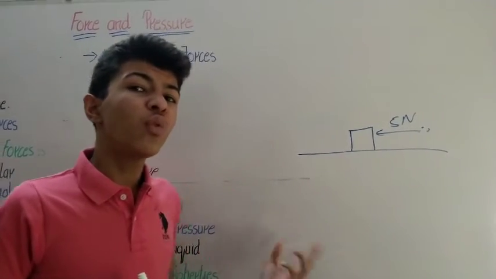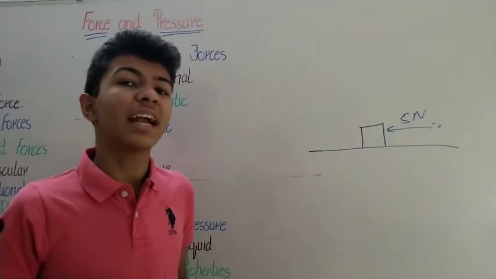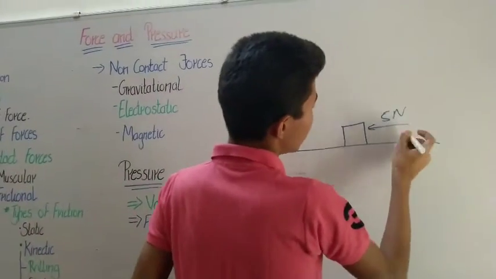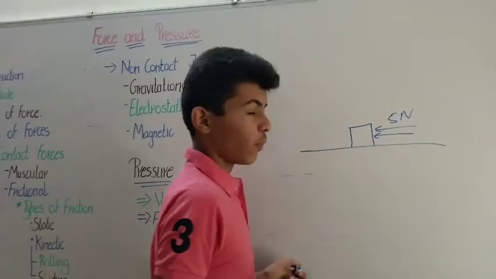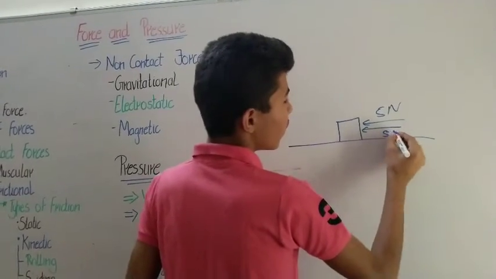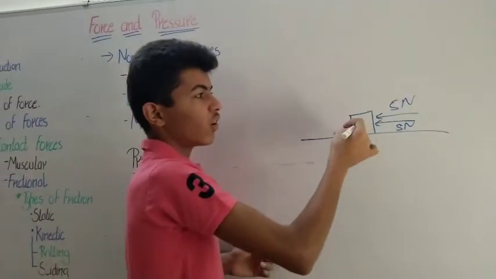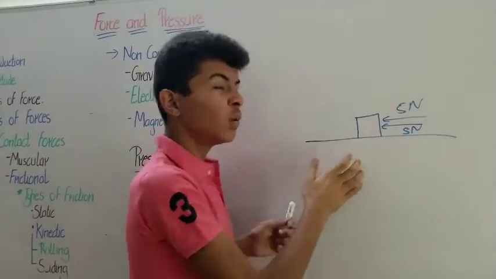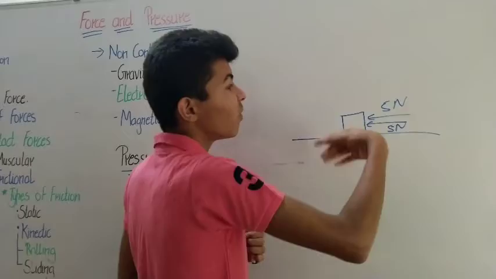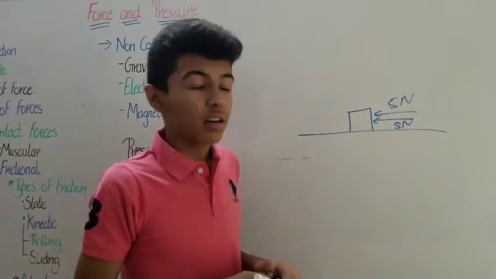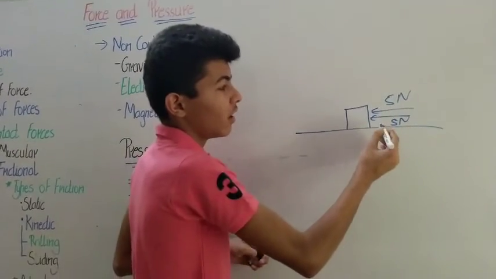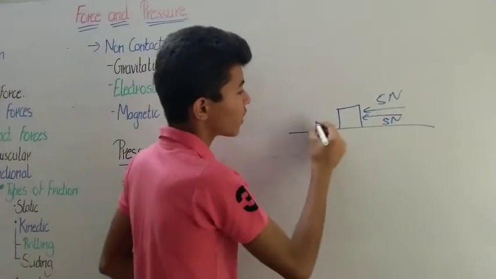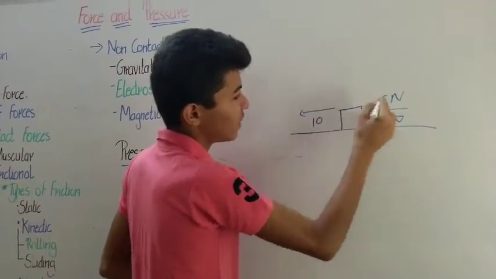But what happens if two or more forces are acting on a surface? Let's take a scenario in which two forces are acting in the same direction. One force is 5 newtons and another is again 5 newtons. Now the block will move faster than it was moving before. How can we calculate it? When two forces push in the same direction, the forces add up, so it would move with 10 newtons, that is 5 plus 5.